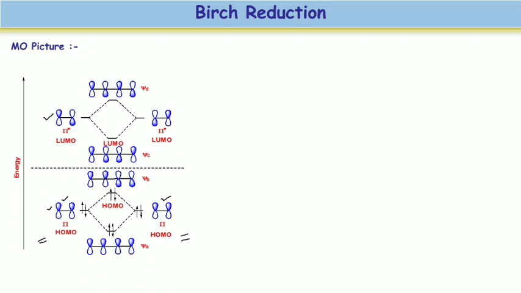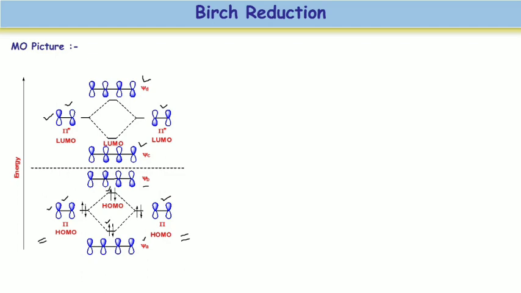If these 2 pi HOMOs combine linearly in bonding fashion, they will generate psi A, and in anti-bonding fashion they will generate psi B. Similarly, this pi star LUMO can interact with this pi star LUMO because they have similar energy. If they are combined in bonding fashion, they will generate psi C, and in anti-bonding fashion they will generate psi D. And now the electrons are filled in psi A and psi B. This is 2 electrons and this is 2 electrons.